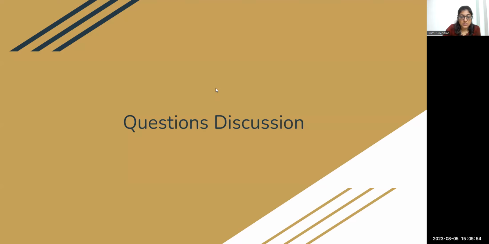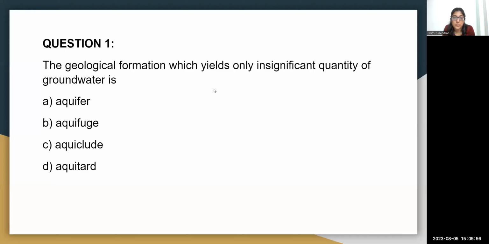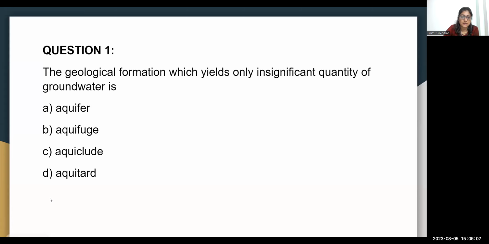Moving on to the first question: the geological formation which yields only insignificant quantity of groundwater, what is it called? You can put in your answers in the chat box, and then I will move on to the solution.